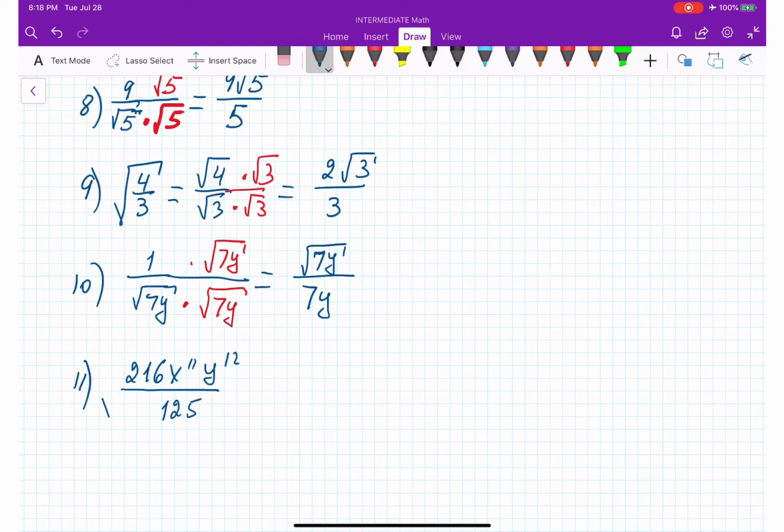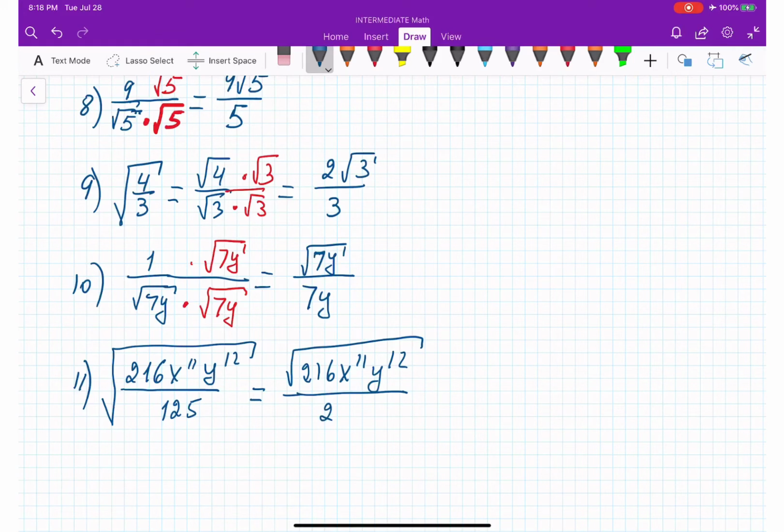And that all is under radical. This is equal. I can separate, right? 216 x to power 11, y to power 12, over the root of 125.